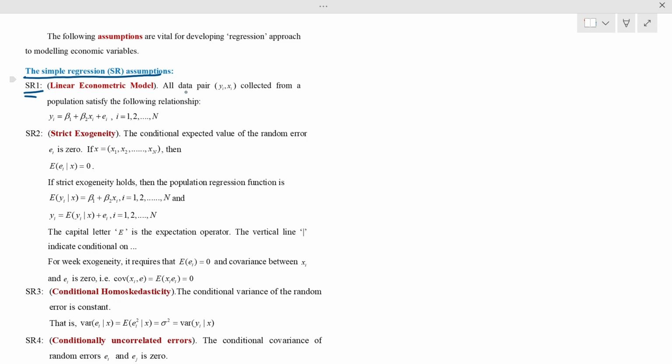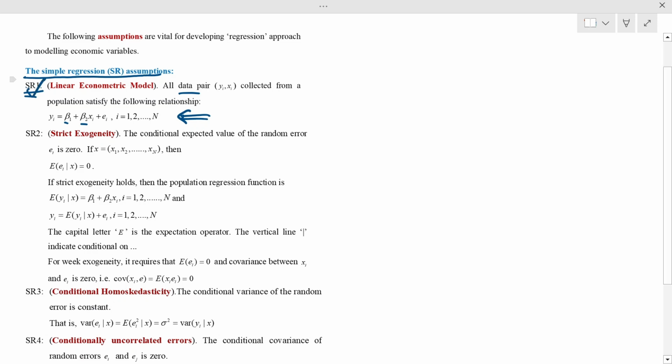Indeed, data are generated by this: Yi is equal to beta 1 plus beta 2 times xi plus ei, the error term. Here beta 1 and beta 2, you should think of as the true values. Okay, that's the data generating process.